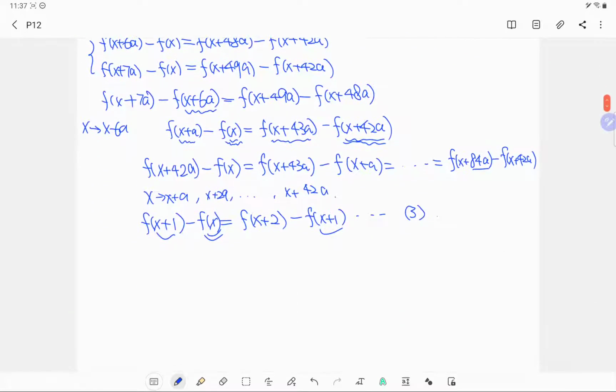And of course, using this one, we can also repeat the procedure by exchanging x by x+1, x+2, all the way up to x+n, when n is a positive integer.